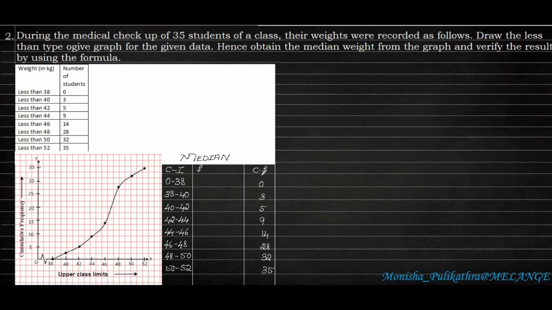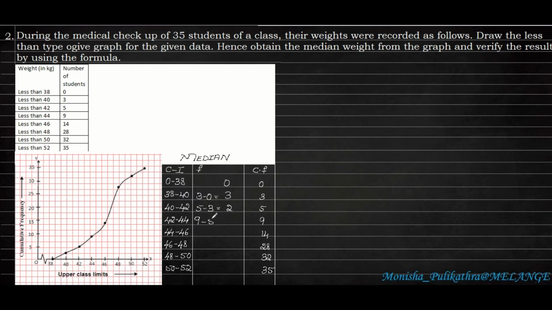Since they have given the cumulative frequency, we have to find out the frequency here. So the frequency is found by subtracting each and every number. The first one is 0. For the second one, from the next number we have to subtract the previous number. That is 3 minus 0, it is 3 itself. Next 5 minus 3, it is 2.